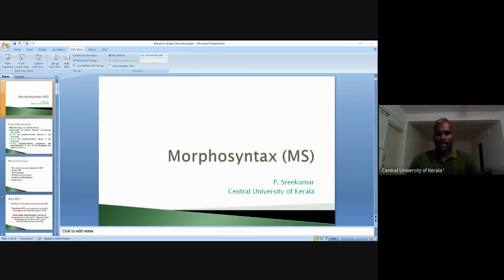In advanced syntax, you already completed up to minimalism, and then we completed the other models of linguistics. We call them other paradigms of linguistics, which include case grammar, lexical functional grammar, cognitive grammar, and all these paradigms other than the transformational generative paradigm, which we have already discussed.